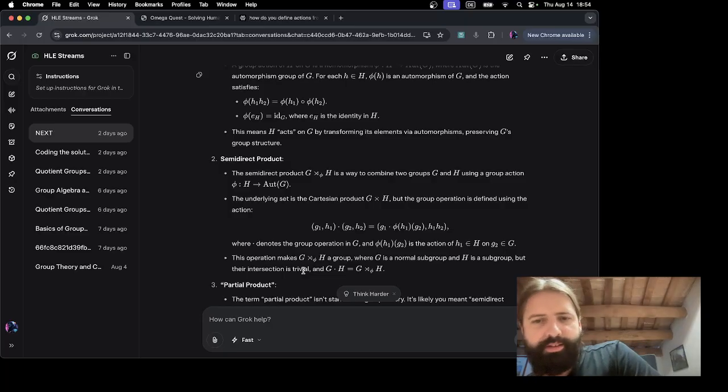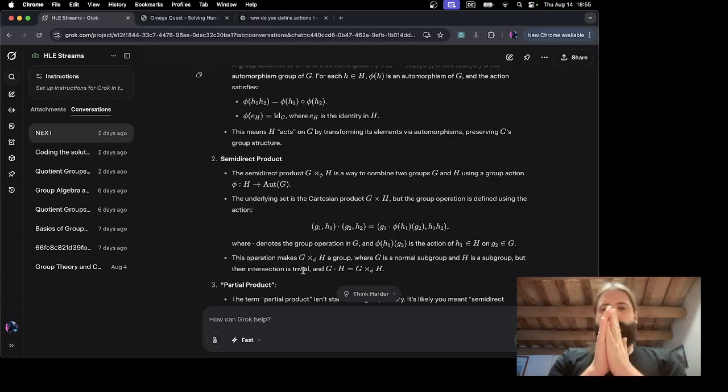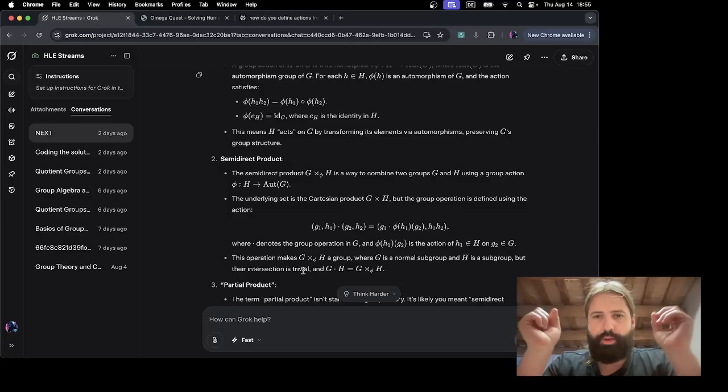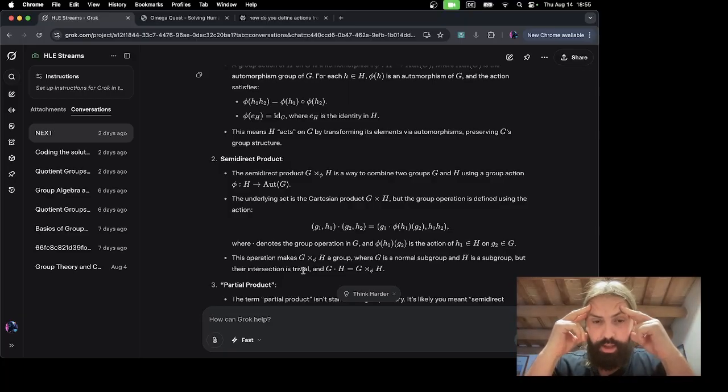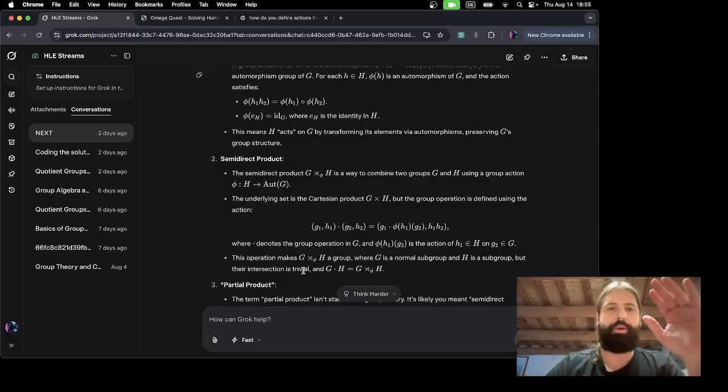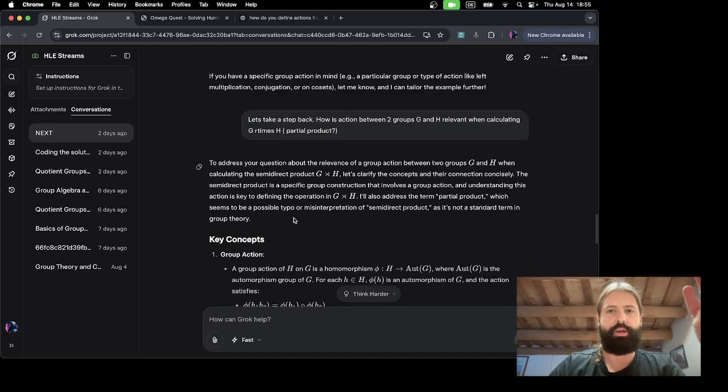The underlying set is the Cartesian product, but the group operation is defined using the action. Okay, so you've got the Cartesian product of the two groups, but you define the operation using the action. Okay, I'm not going to read more because that's just too much.